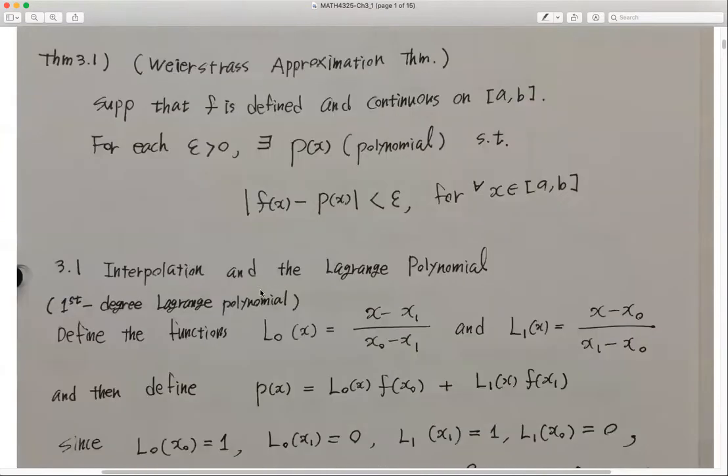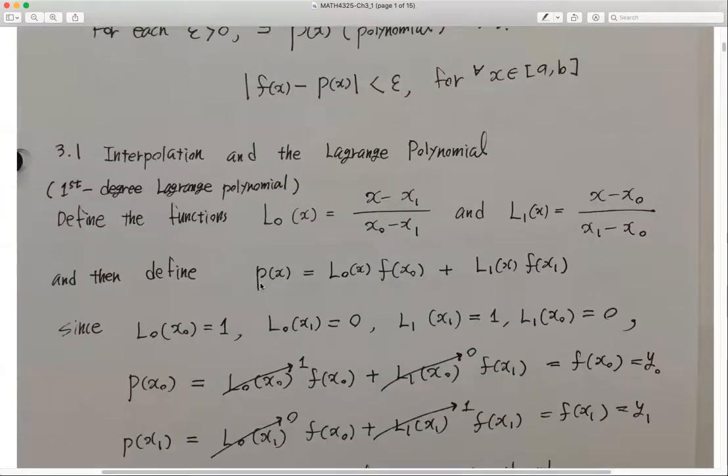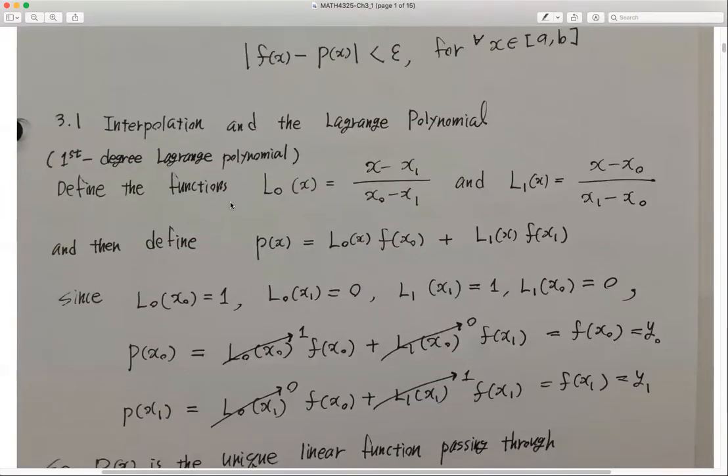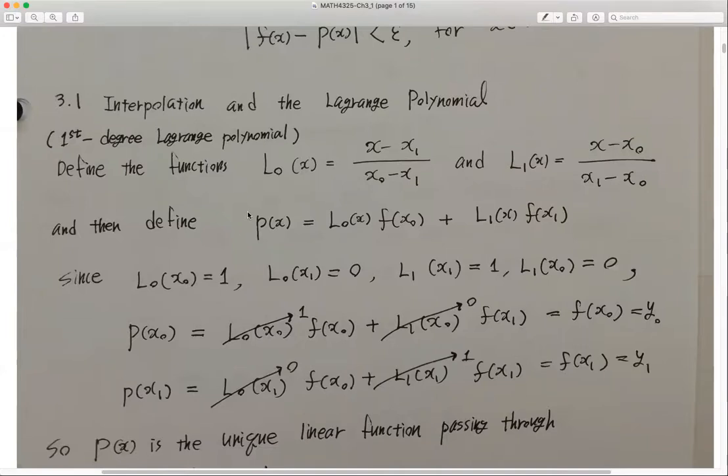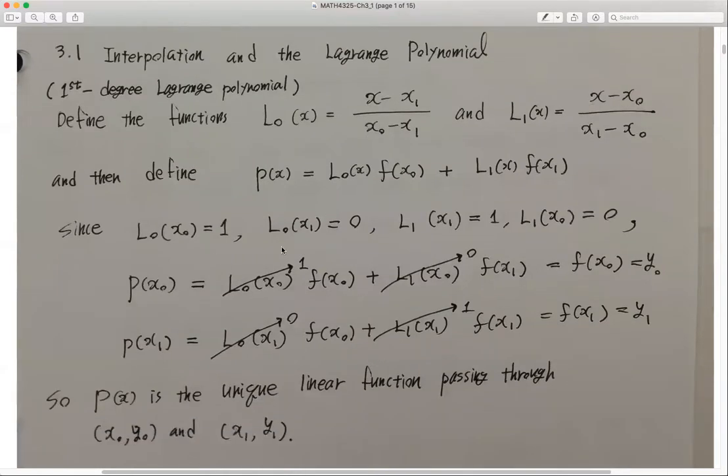Now let's see section 3.1. I showed you what L naught and L1 look like, and then I constructed p of x, and showed you that p of x naught returns f of x naught, and p of x1 returns f of x1, right?